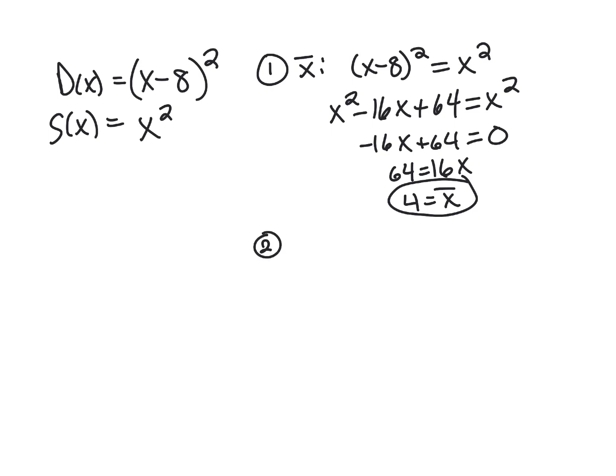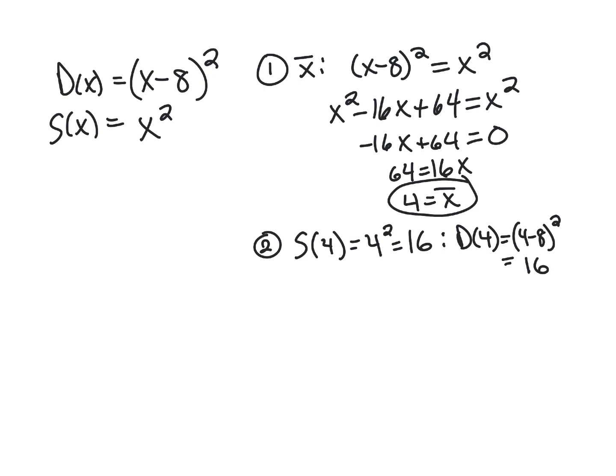Next step is I'm going to plug my equilibrium value into one of my functions, and then I'm going to plug it into the other to check it. And I'm going to get 4 minus 8 squared is negative 4 squared, and that's 16.